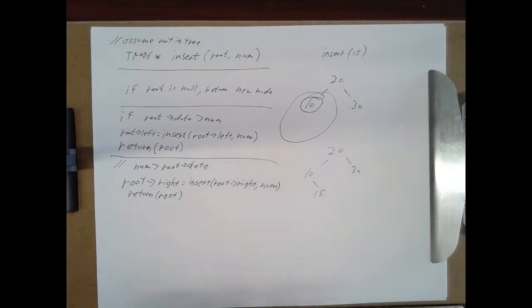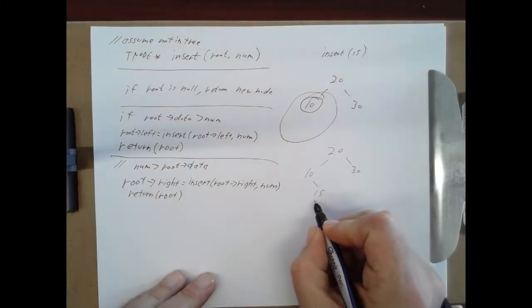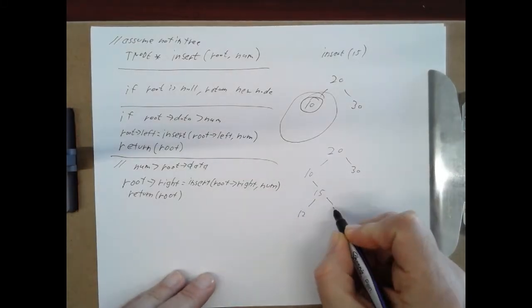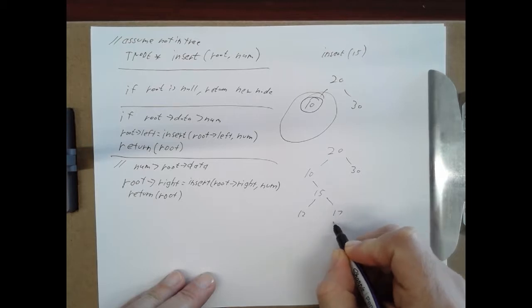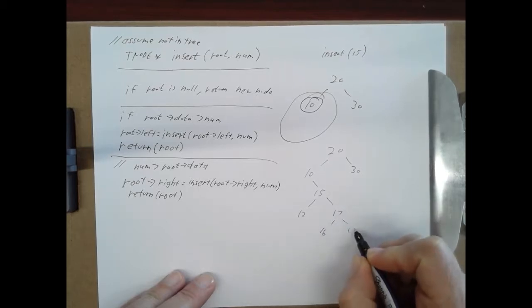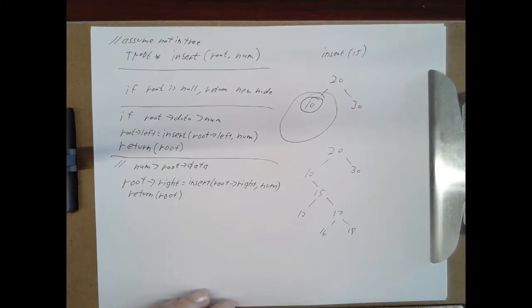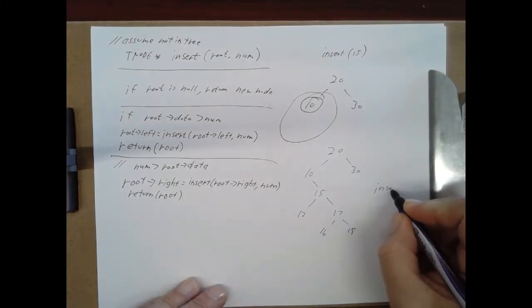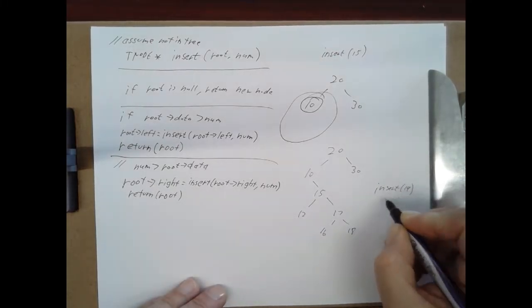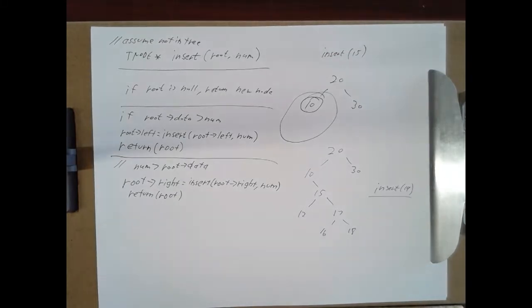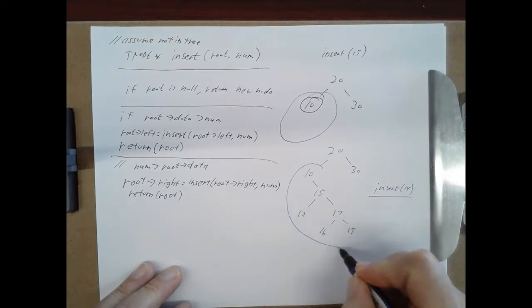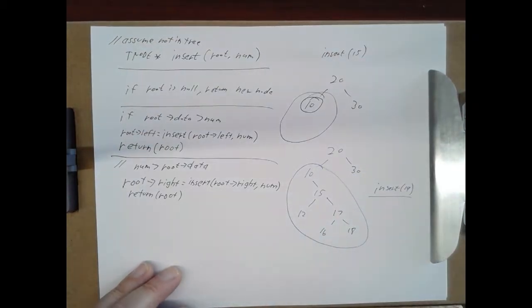Because if your tree is something like this, right? And you want to insert 19. Well, the first thing you're going to do is say 19 is smaller than 20. Let's insert 19 into here. And take the new tree and hang it off of this.